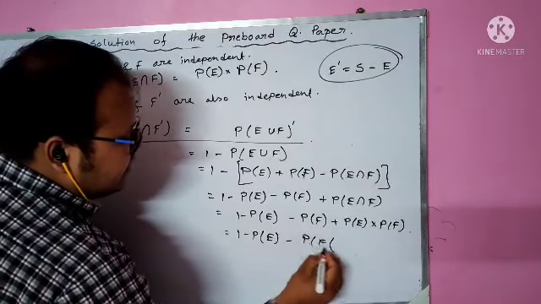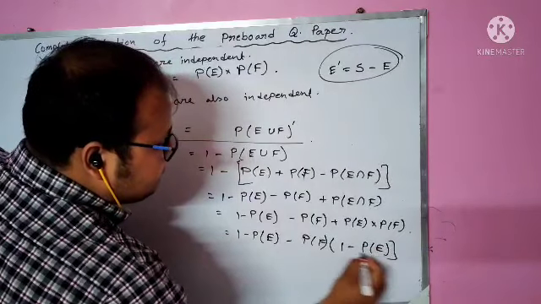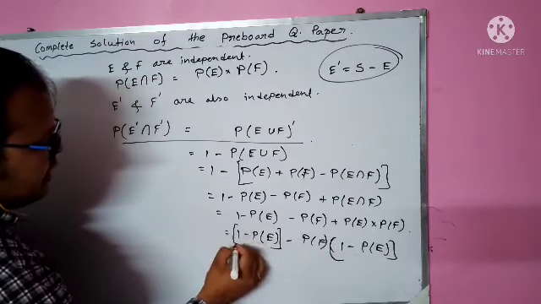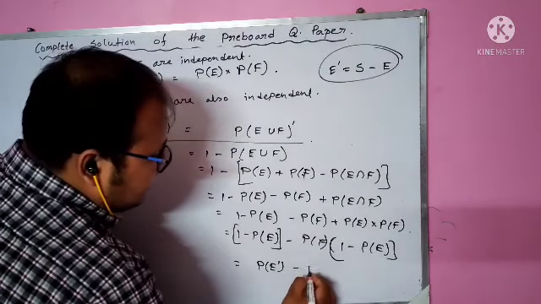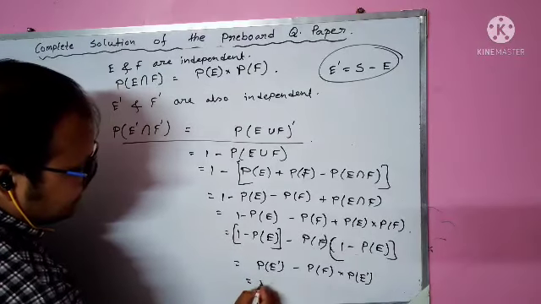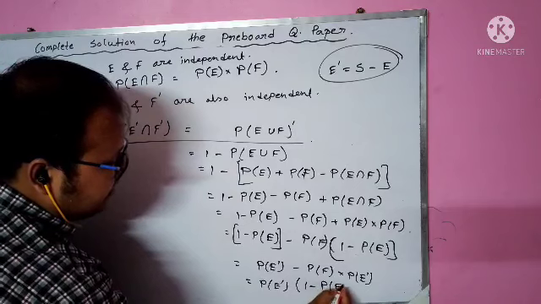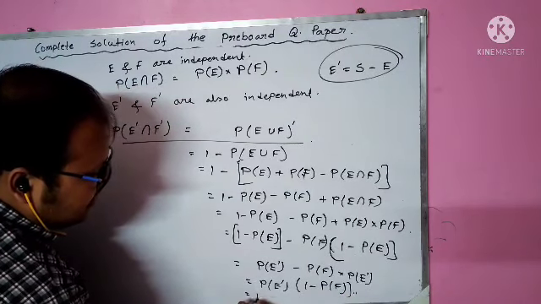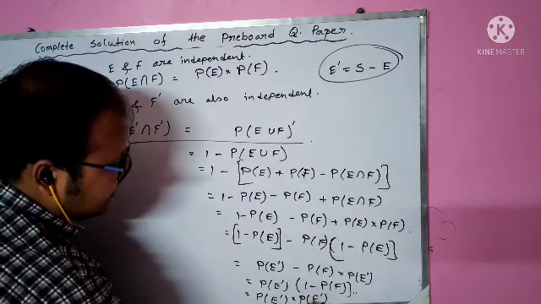P of F, if you take common, you will get 1 minus P of E. And this 1 minus P of E can be written as P of E complement minus P of F into P of E complement you can write. Then you can take this P of E complement common. So 1 minus P of F will be there, and you will write finally it as P of E complement into P of F complement.